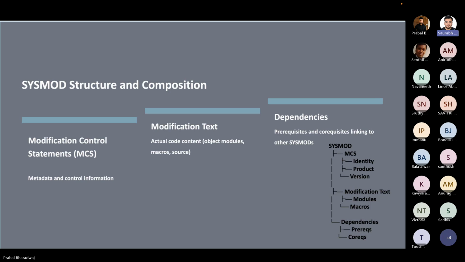Maybe in layman's terms, I don't know whether this example will go fine or not, but say a sysmod is a medicine pack. If you purchase any medicine, the labels and the instructions are the MCS. The actual medicine, what we eat, is the modification text, which actually does the work in the background.